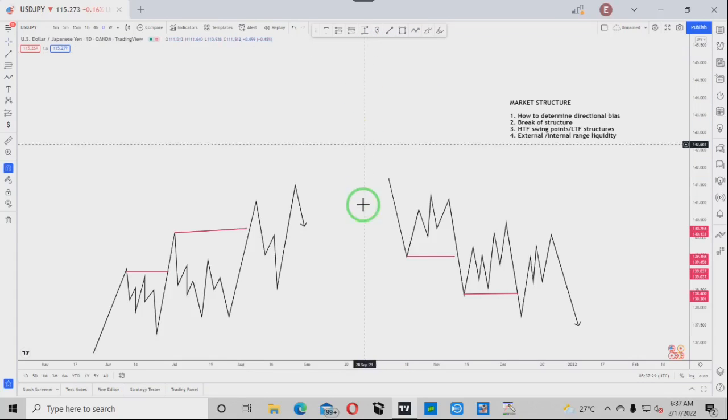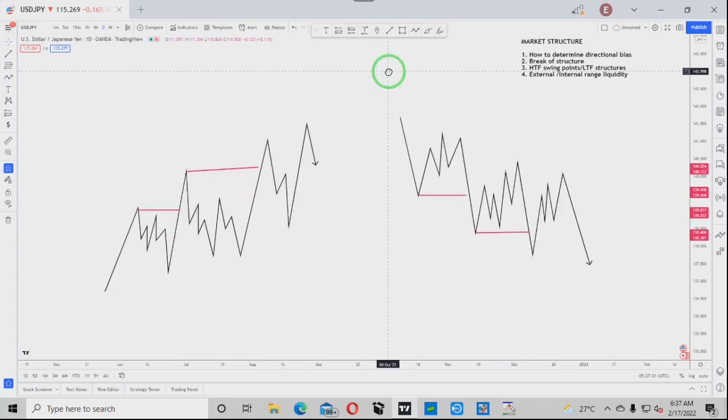The reality of the market is that price moves in a wave-like pattern. It moves in a zigzag pattern. And you need to understand, what are you looking for in a trend? How do you determine a trend in this zigzag movement of price on the chart?